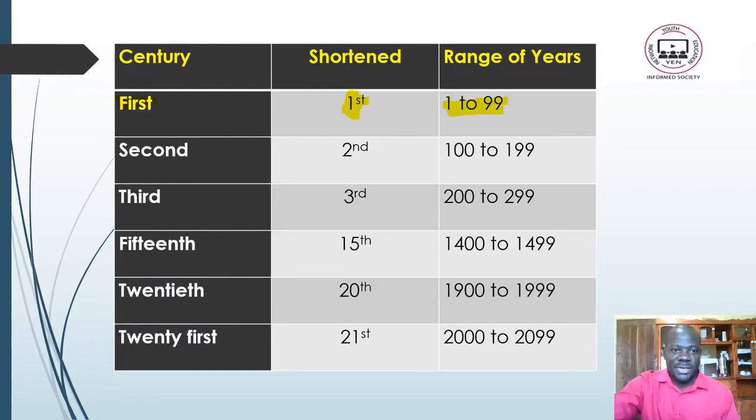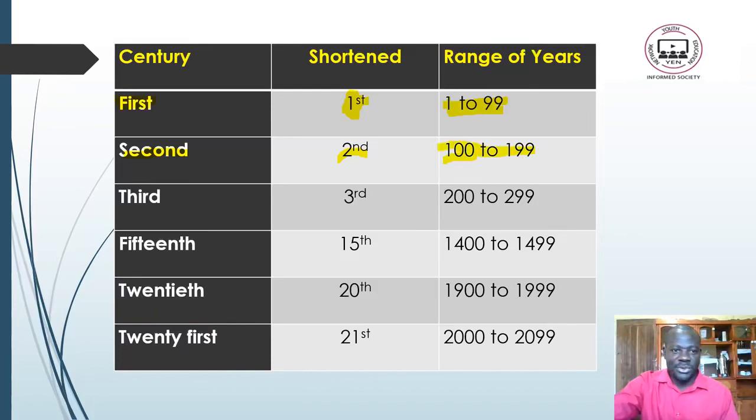What about the second century? It is written like 2 with ND as a superscript, that is the second. That one is made up of the years 100 to 199.